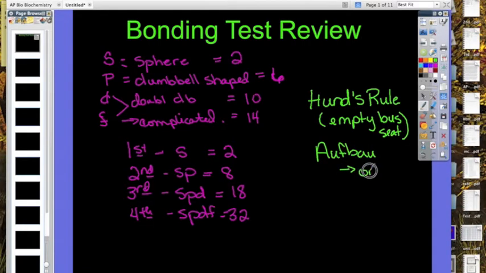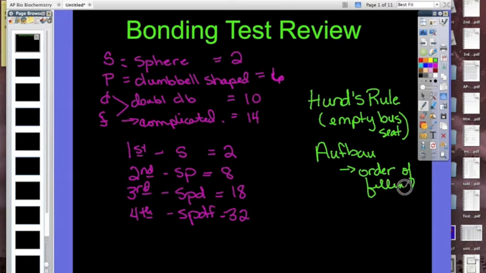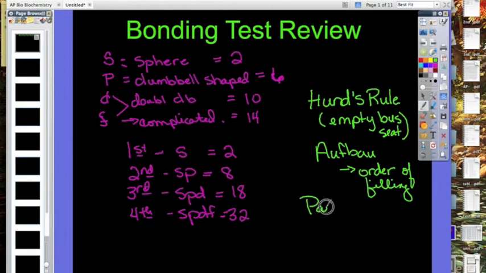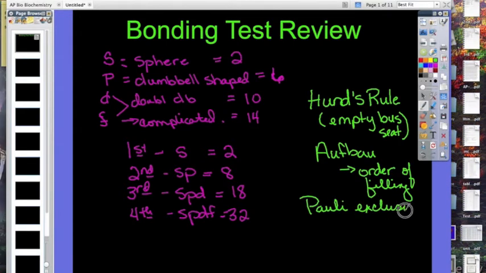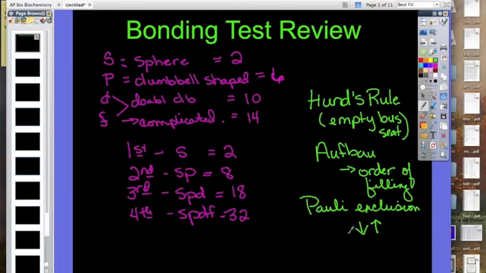That tells you what order the electrons fill their shells, order of filling. And then you also have the Pauli exclusion principle. And that's the one where we talked about the arrows have to be one up and one down. You can't have 2 arrows for the electron configuration that are the same, going up or down.